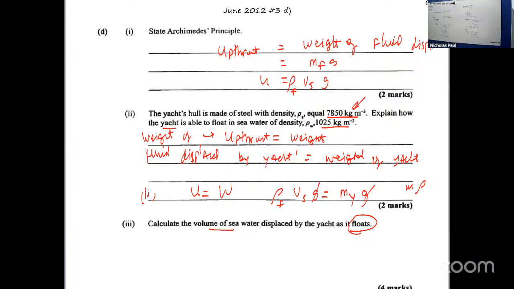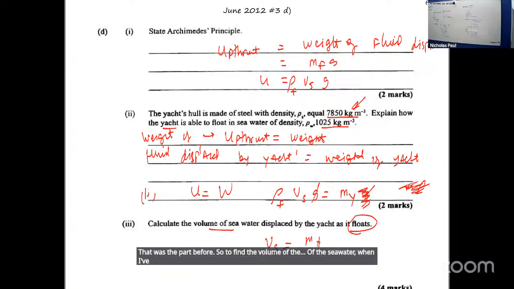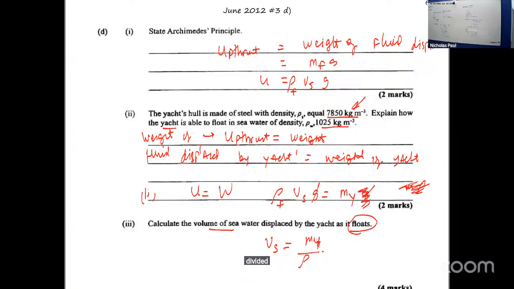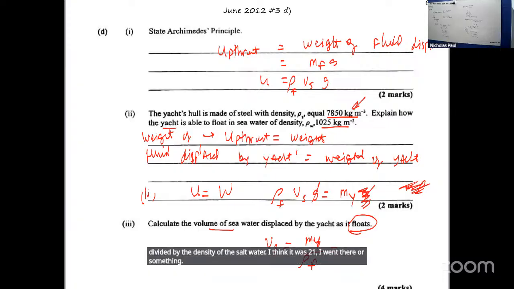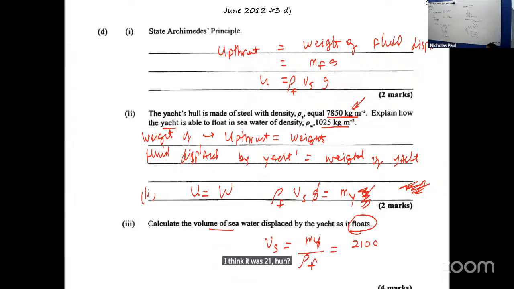Oh wait, they did give us the mass of the yacht. That piece of the question was missing. They gave us the mass of the yacht, that was the part before. So to find the volume of the seawater, it would be the mass of the yacht divided by the density of the salt water. I can't remember, I think it was 2100. Sorry about that, it's missing. But at least we're right up till here.